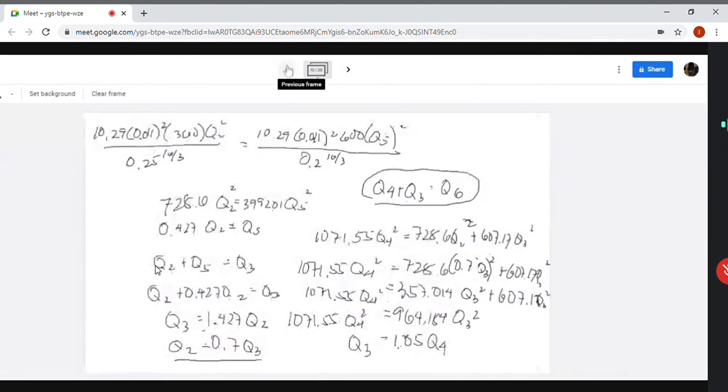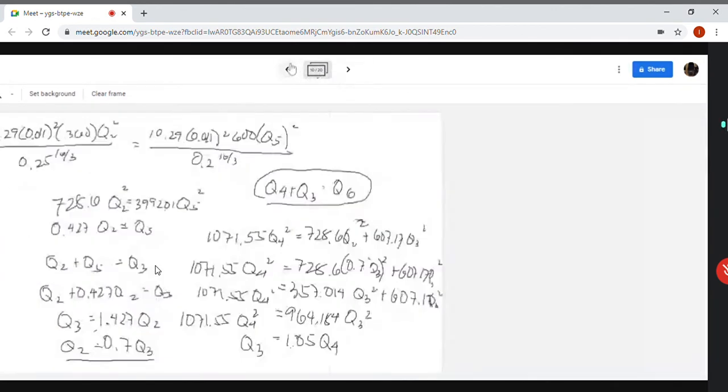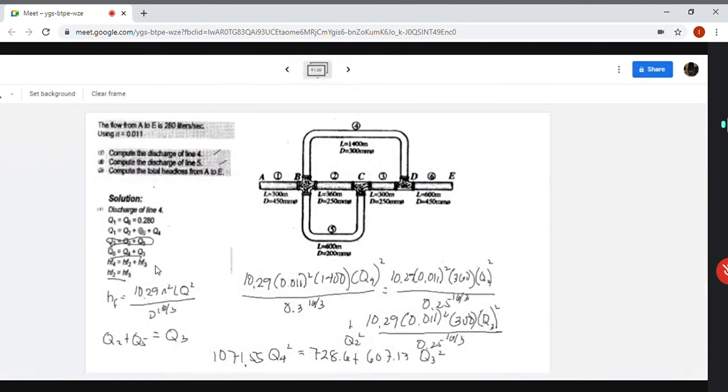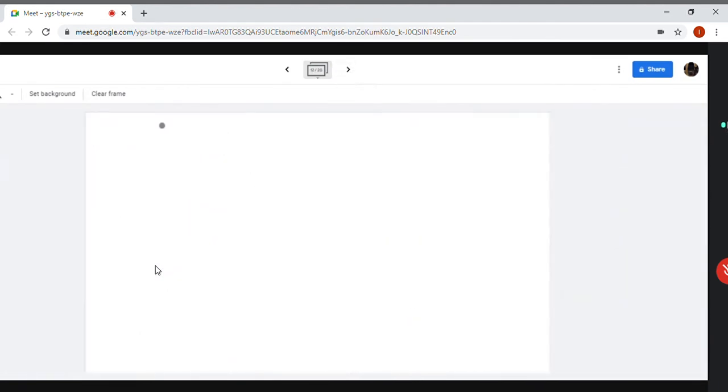Lastly, we are going to find the total head loss. The equation for the total head loss is head loss 1 plus head loss 4 plus head loss 6, along the shortest path.